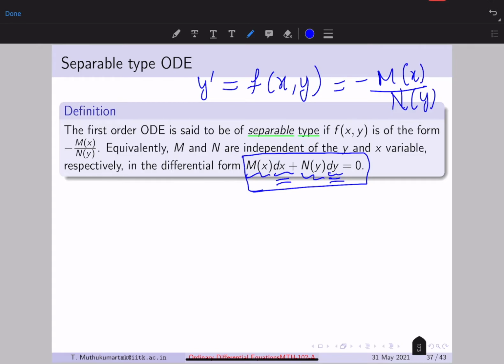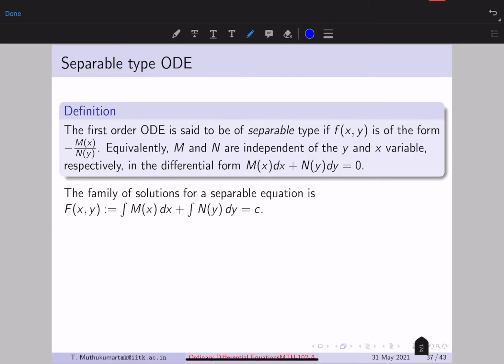So the advantage of the separable type is that to find the solution of a separable ordinary differential equation, you just have to integrate with respect to the x variable and integrate with respect to the y variable. Zero on integration is going to give you a constant.